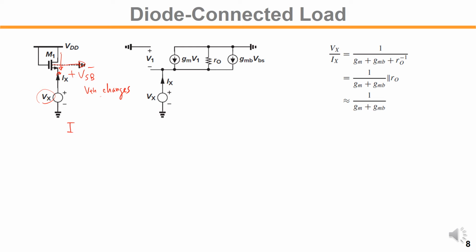According to the equation IDS, half mu N Cox, even though the VGS is modulated, there's another factor: if the VTH changes, that also results in the IDS variation.